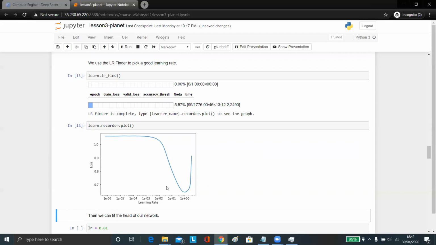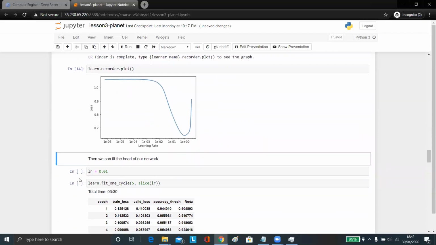So I figure the learning rate that he's picked might be a little bit too aggressive. So that's 1e-2, isn't it? So that'll be there. Yeah, so I think we've ended up with almost the same graph.